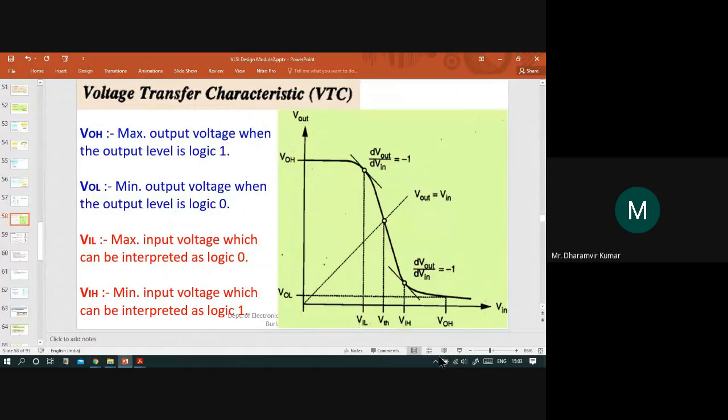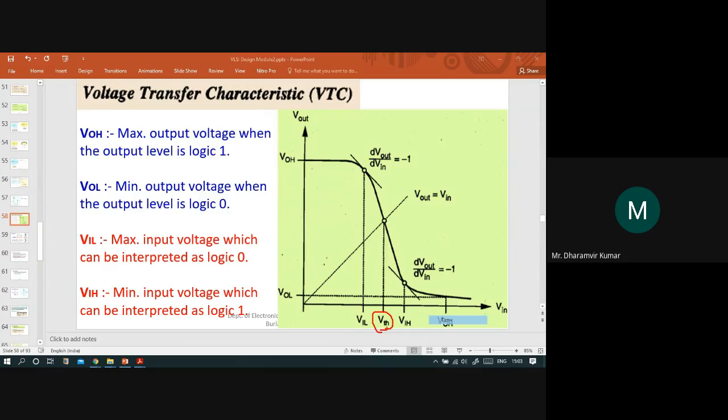Now, apart from this, we have some more parameters written over here. This is VTH, called the threshold voltage for the inverter. This is different from the threshold voltage for the MOS device, so be careful: this is the threshold voltage for the circuit, not for the device.